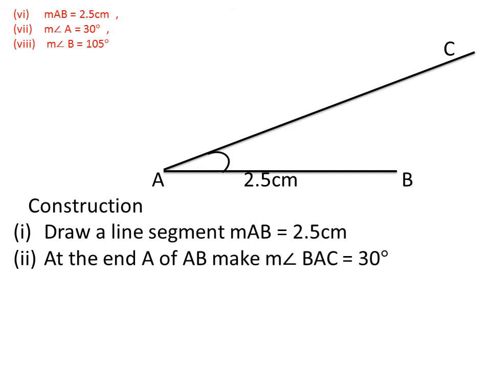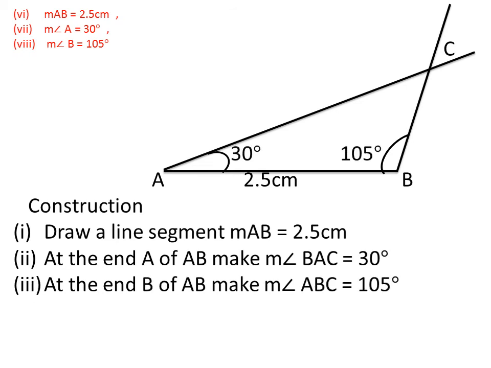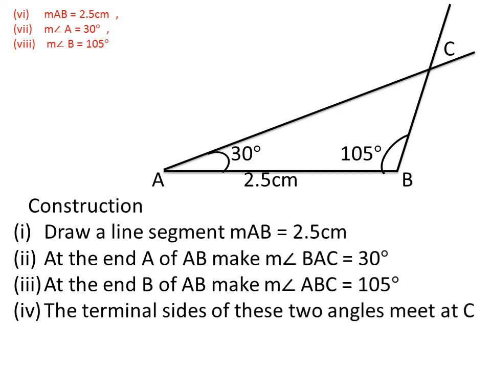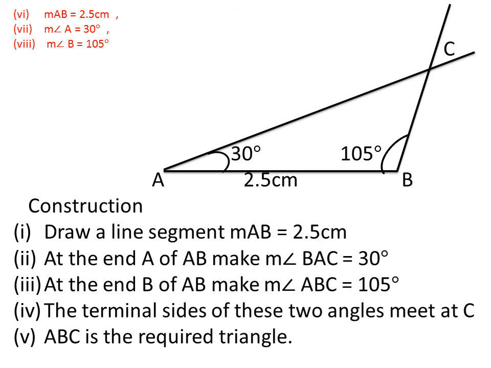Similarly, at point B, we have to make an angle of 105 degree by using a protractor like this. We can write this statement as: at the end B of AB, make measure angle ABC equal to 105 degree. Both these sides meet at point C, so ABC is the required triangle.